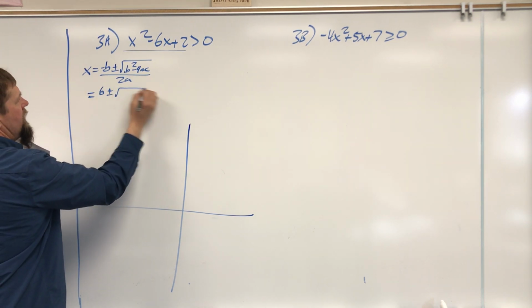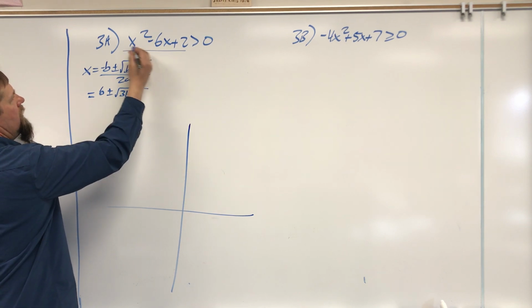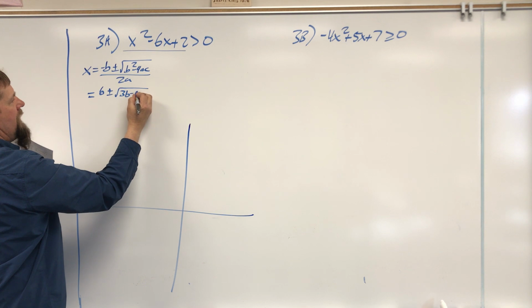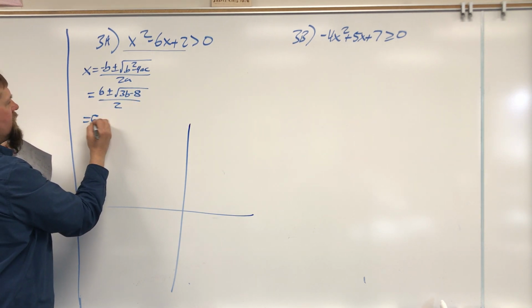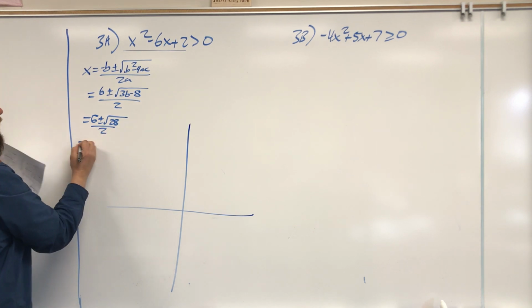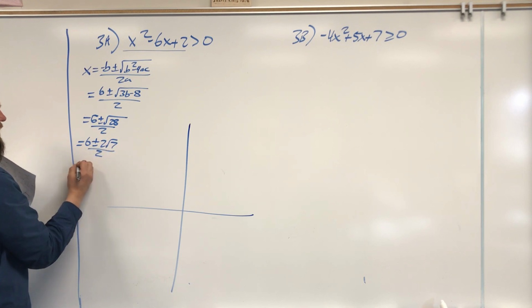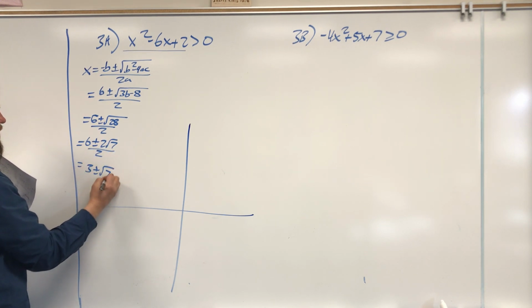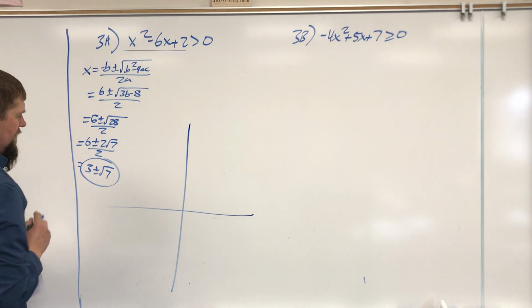Positive 6 plus or minus the square root of 36 minus 4 times 1 times 2. That would be 6 plus or minus the square root of 28 over 2, which is 6 plus or minus 2 square root of 7 over 2, which is 3 plus or minus the square root of 7. So these are my x-intercepts.